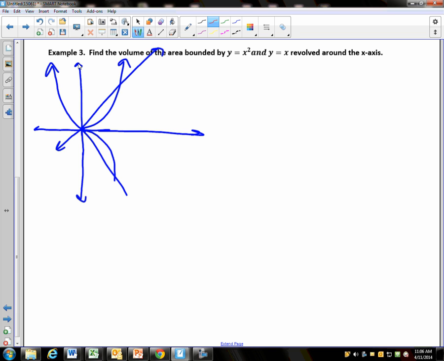And when we use the shell method and we rotate it, we are going to cut it like this. And we're going to take that little piece that we cut and rotate it down here.